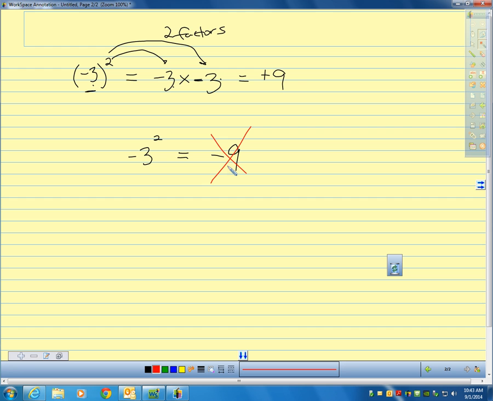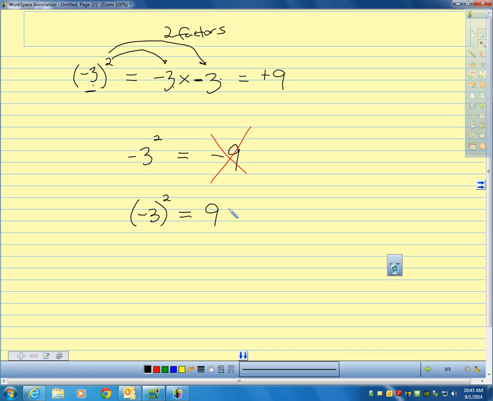Well, the reason is an exponent only applies to what's directly in front of it unless you use parentheses. So what I'm trying to show you here is if you take a negative number to a power, you have to put parentheses around that number as you type it in your calculator.